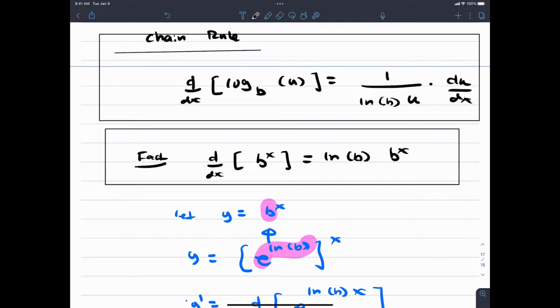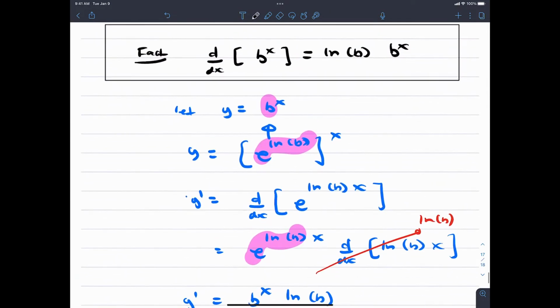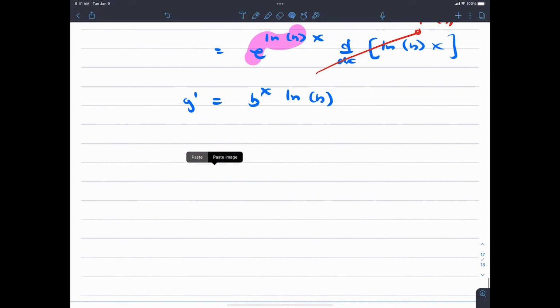Anyway, and then you go, what is this here? Once you have this, yes, I can give you a chain rule version, but once you have this, what does that mean?